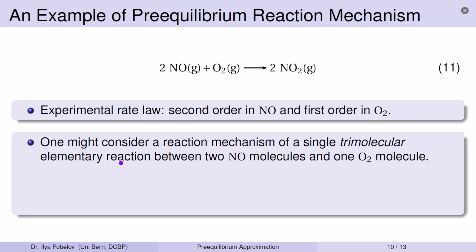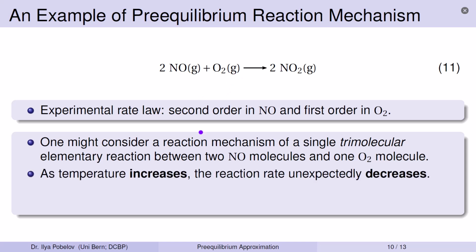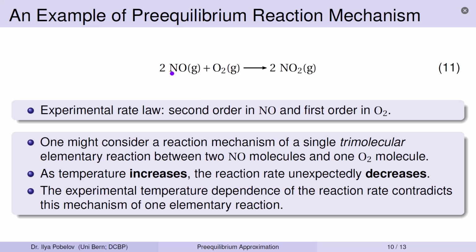Initially, one might consider a reaction mechanism of a single trimolecular elementary reaction between two NO molecules and one O2 molecule. However, as temperature increases, the reaction rate unexpectedly decreases. The experimental temperature dependence of the reaction rate contradicts this mechanism consisting of one elementary reaction.